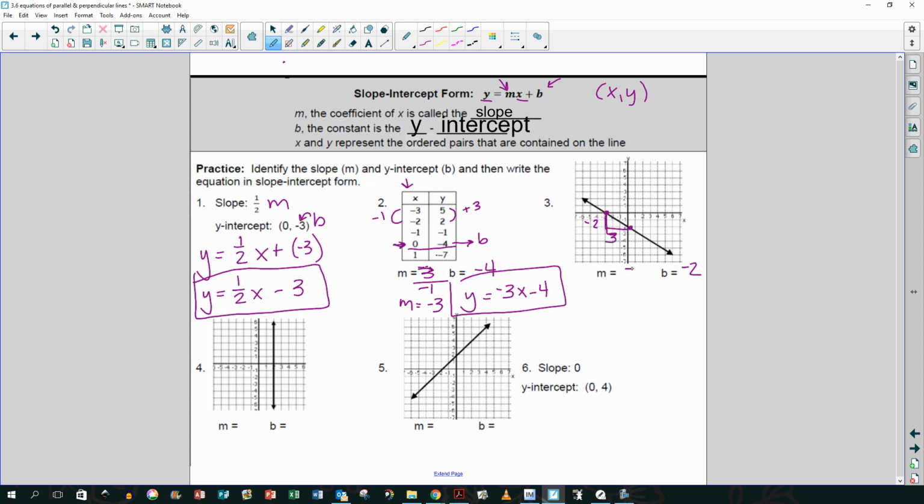So my slope is down 2, over 3. My equation is y equals -2/3 x minus 2. So all 3 of my examples had a negative y-intercept.